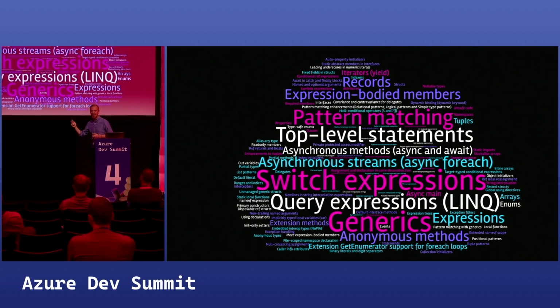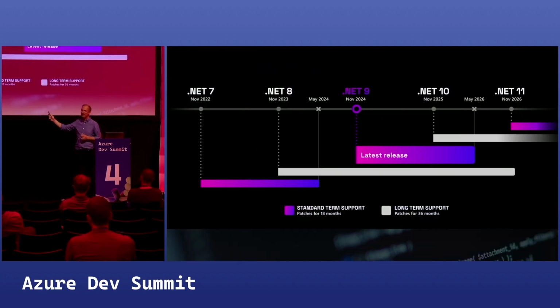But before we do that, how many of you have heard about LTS and STS versions of .NET? About all of you, right. So who's waiting for a long-term support version before they upgrade? Almost the same people. At least half of you raised your hands. Every year Microsoft releases one new version of .NET.